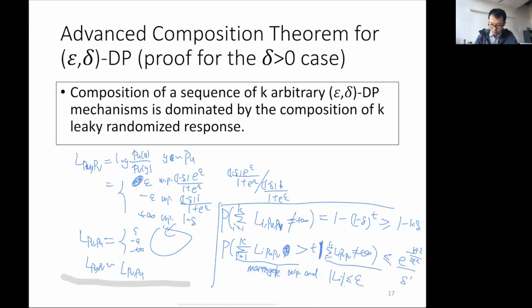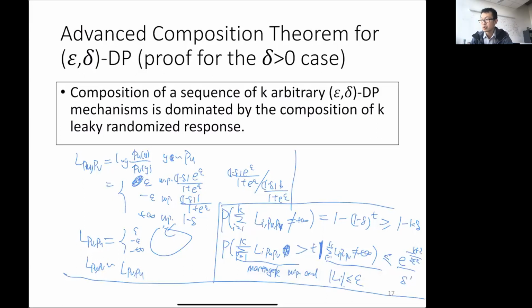Right? So what we got here is a very nice way of looking at the problem, by reducing a more general theorem into a theorem about just leaky randomized responses. It remains to show that the leaky randomized response is indeed a dominating pair.